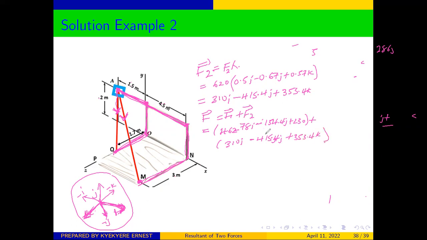So from there, we put all the i components together, all the j components together, and all the k components together to get our resultant force.